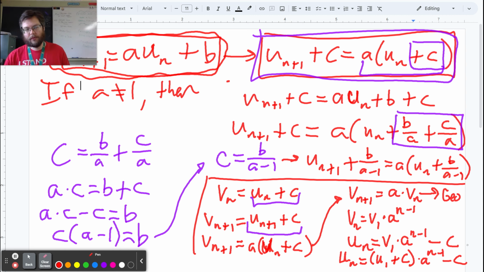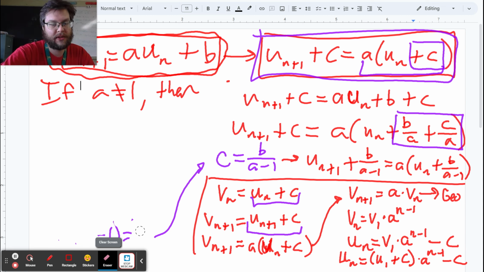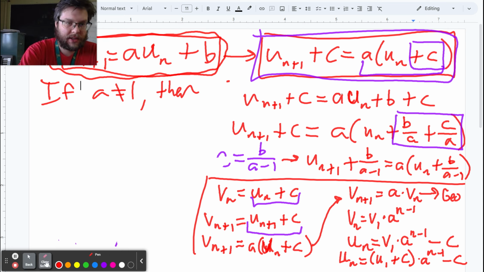Then it asks us to think about a particular pattern, and a particular pattern that we have seen before is a pattern where the terms come out to be 2 to the n and then minus 1 at the end.